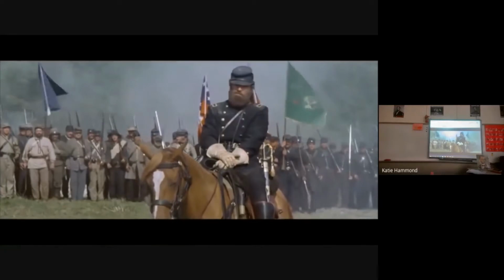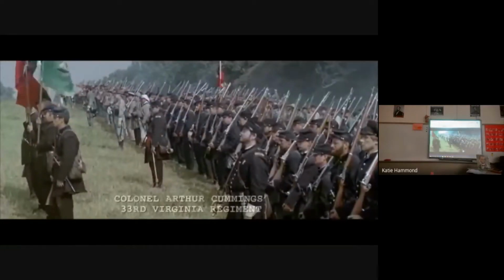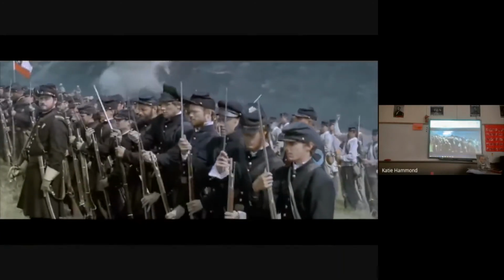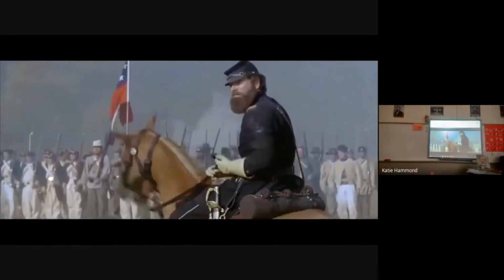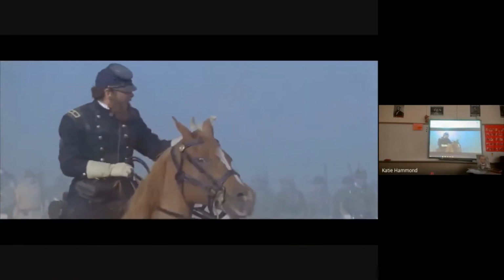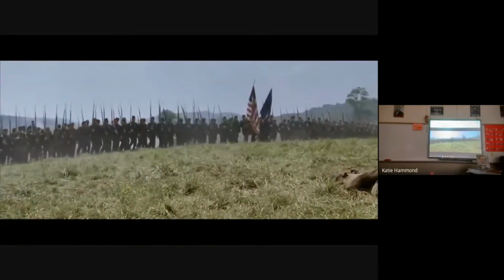Fix bayonets. Instruct the men to lay down, hold the ground.